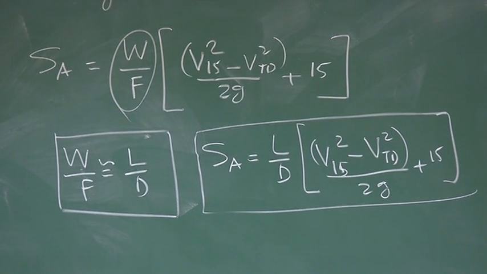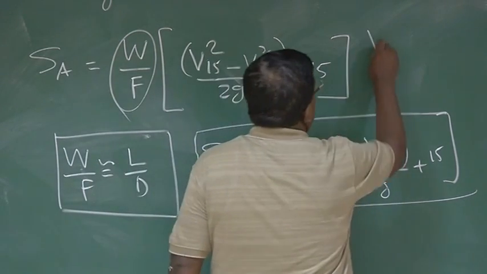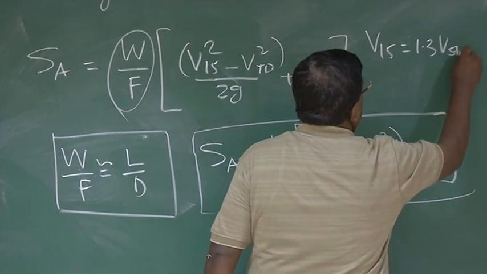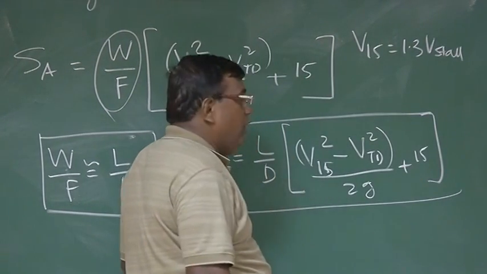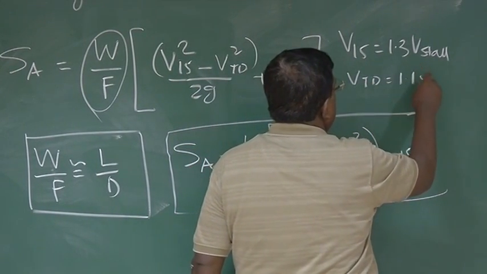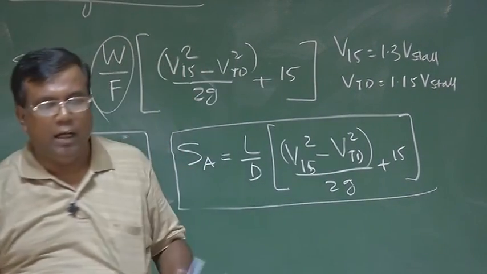Let's again revisit. Please remember, V15 is to be computed as 1.3 V stall with the flaps on and landing gear on, and V touchdown is 1.15 V stall, with flaps and landing gear out.